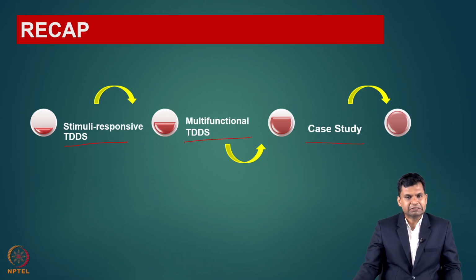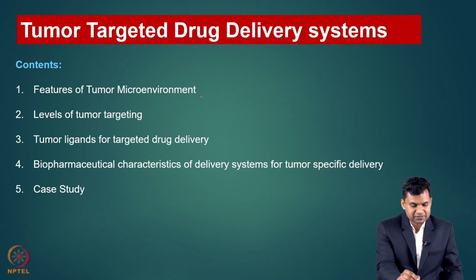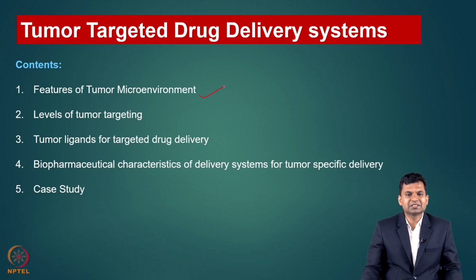So, today we are going to see a few more delivery systems, specifically tumor targeted drug delivery systems. These are my contents for today's presentation. First, I will discuss the features of the tumor microenvironment, which is very important for targeting.